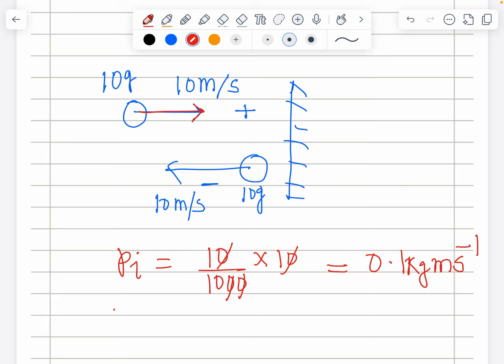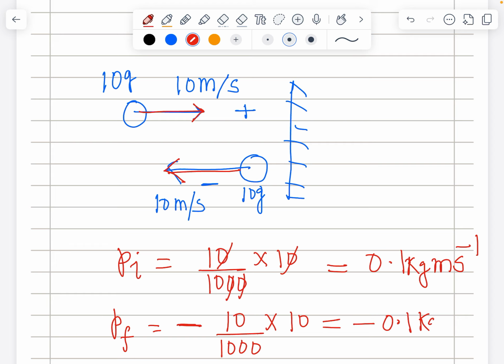Now what is the final momentum? Final momentum is in this direction, that is in the opposite direction. So that's why we will take the velocity negative. So it will come out 10 upon 1000, negative sign of velocity is kept here, into 10. So it will be minus 0.1 kg meter per second.